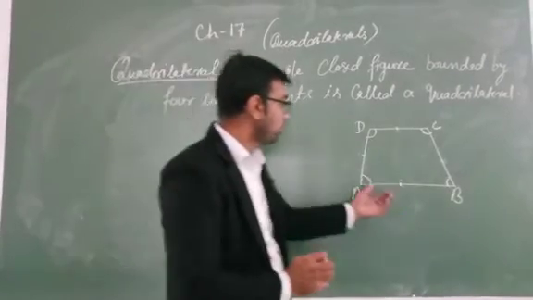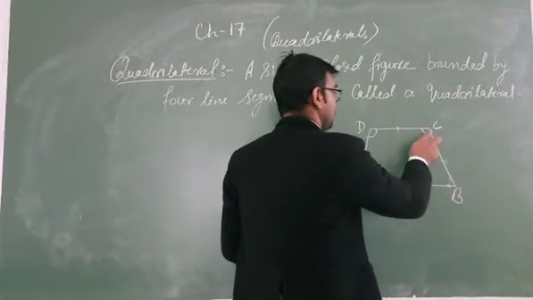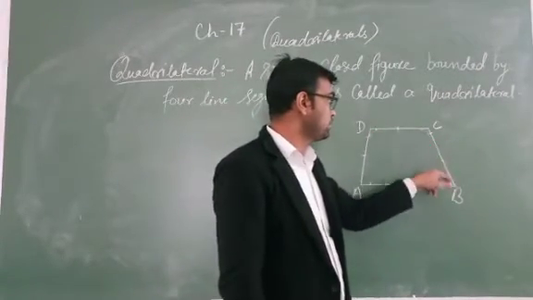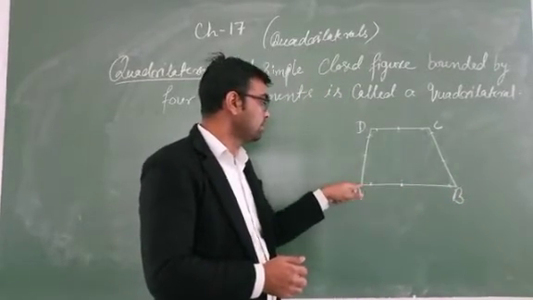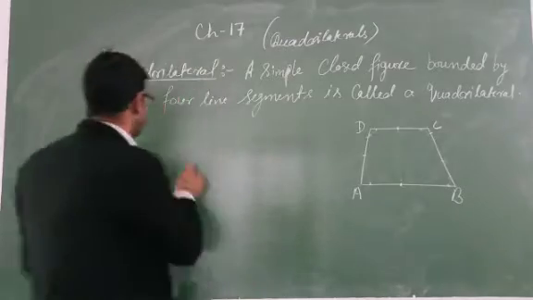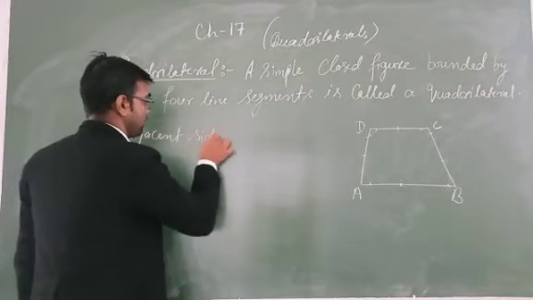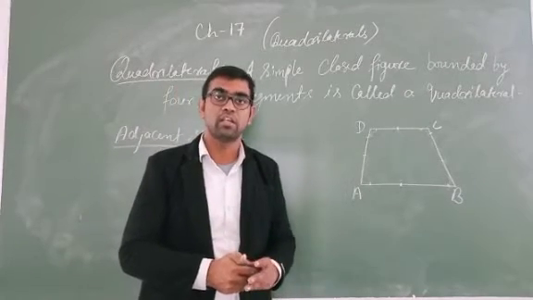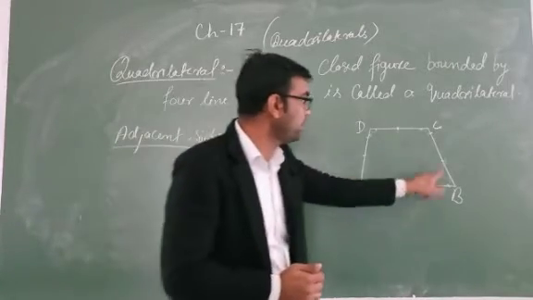So here, AB and BC: the two line segments have a common endpoint B. Two sides are said to be adjacent sides if they have a common endpoint.